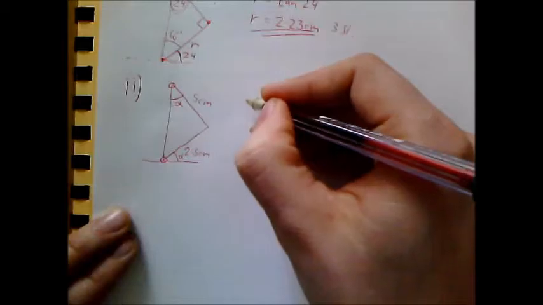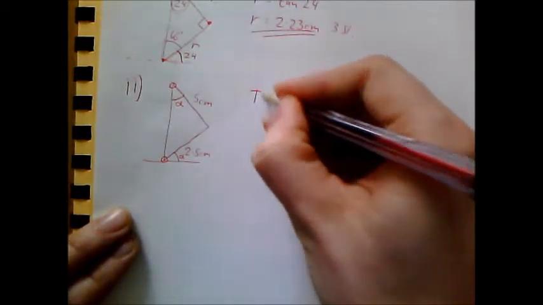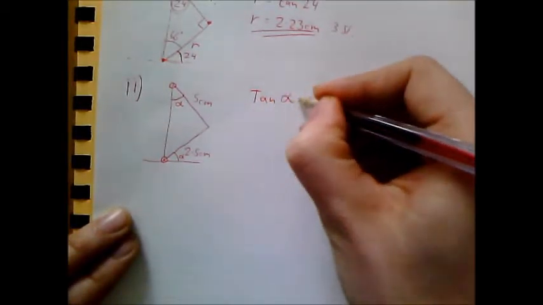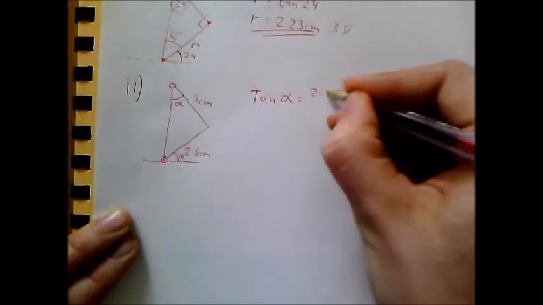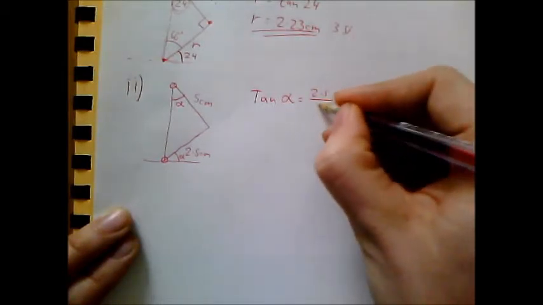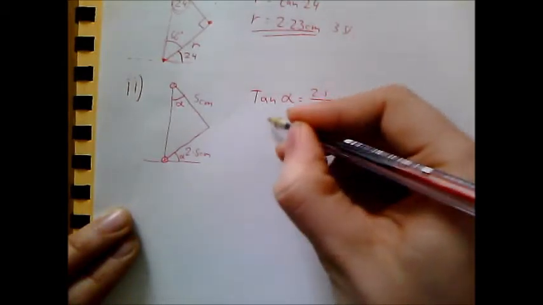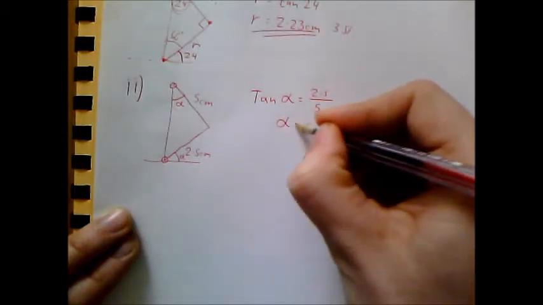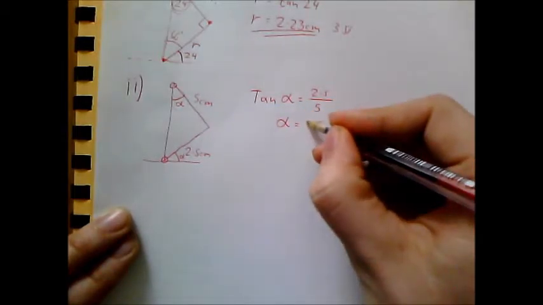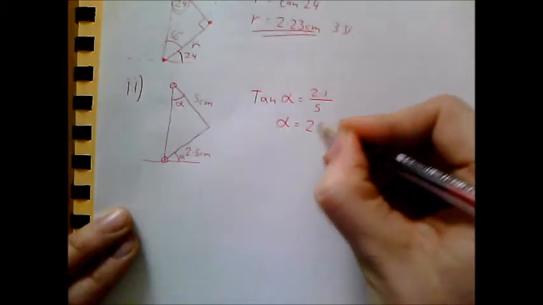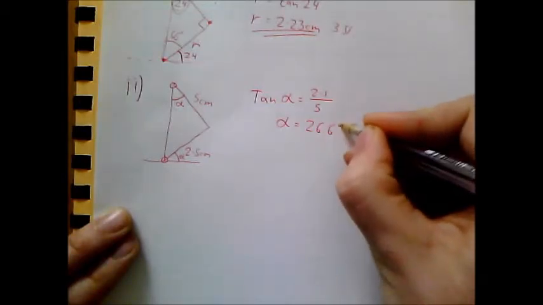At this time we can just say that tan alpha is equal to 2.5 over 5. Using inverse tan, the angle at which this particular cone will topple will be 26.6 degrees.